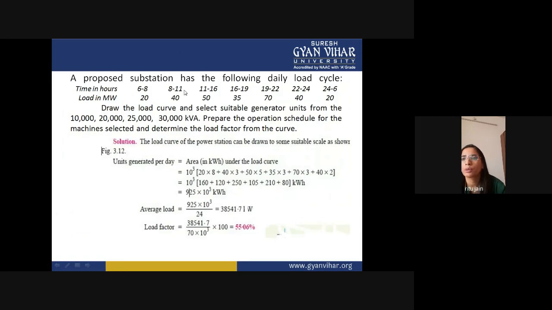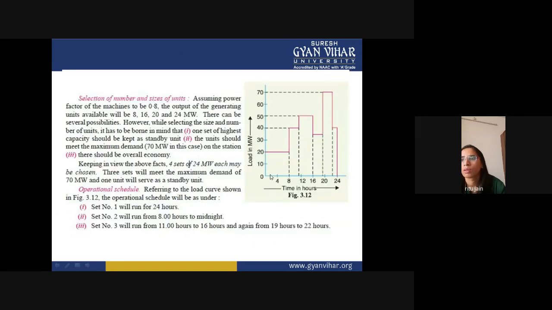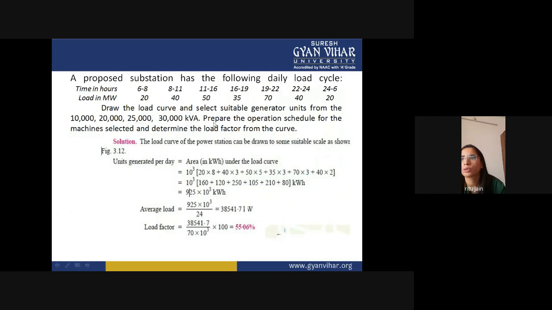For 8 to 11, 3 hours more, you again require 20 megawatt, from 6 to 11. So this is time in hours. For 0 to 8 hours you require 20 megawatt load.